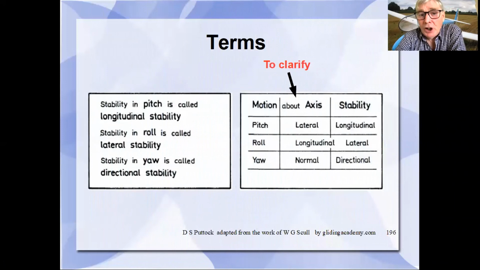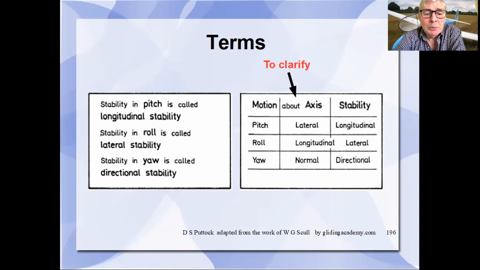So that brings me to terms, and we can easily get confused here. I'd like you just to pause and think. When we talk about stability in pitch, this is actually called longitudinal stability. Stability in roll is called lateral stability. Stability in yaw is called directional stability. And that's slightly different in terminology from the terms we use about the various axes.